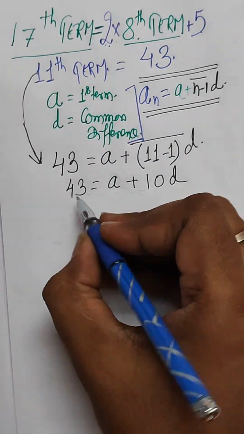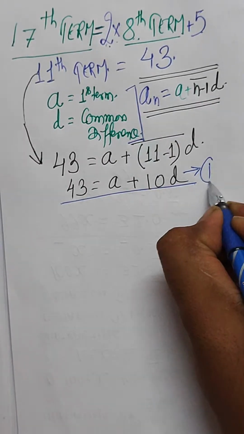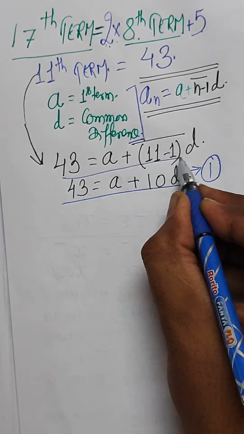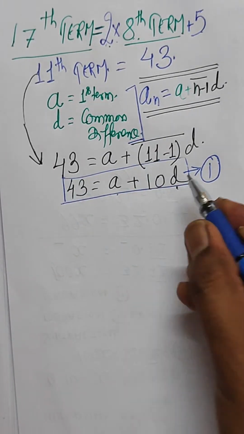So this is one of the equations derived. Let's say this is equation number 1, which has variables A and D.